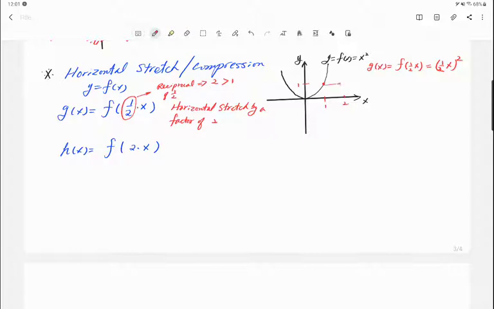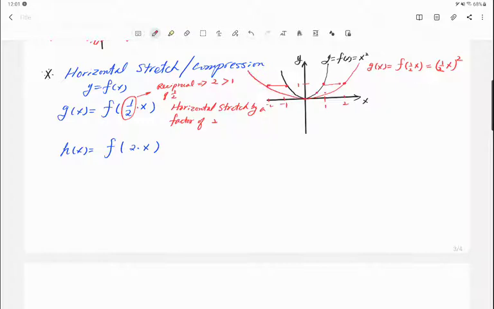So this one will be now 2. All right. Even this number will be multiplied by 2. So probably somewhere over here. How about this one? Let's say this is -1. Then this one should move to where? -2, right? So the graph will be like this, horizontally stretched by a factor of 2. Can you see it?